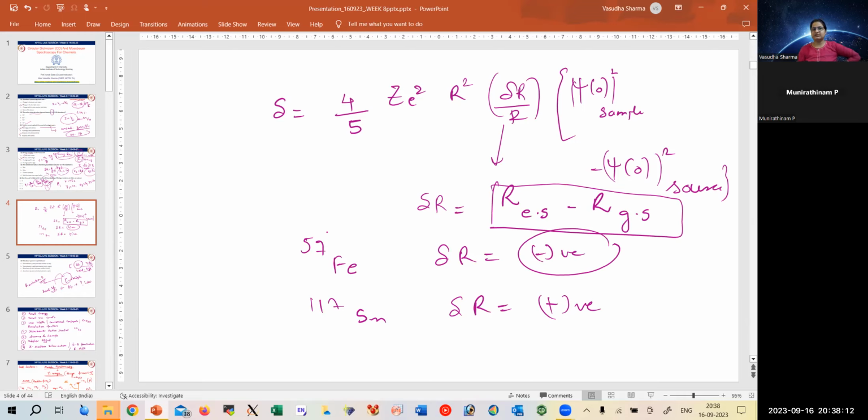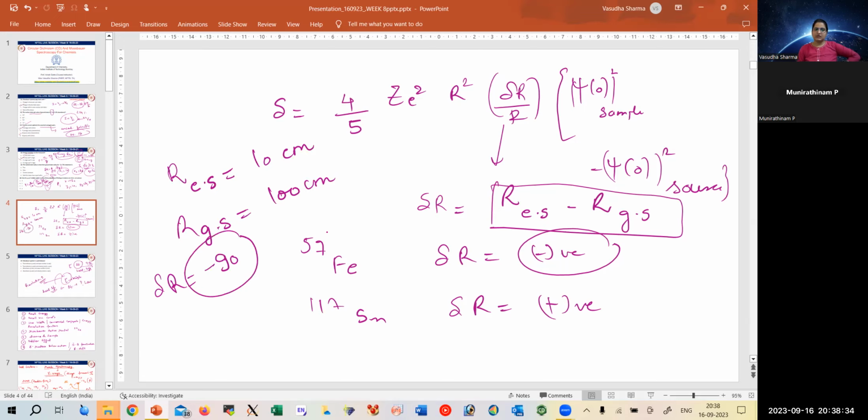So understand this. Ground state is more. Because if I say my excited state radius is 10 centimeters and the ground state is 100, now what would be the difference? Minus 90 centimeters, right? Reverse the situation: excited state is 100, ground state is 10, then delta R would be plus 90.